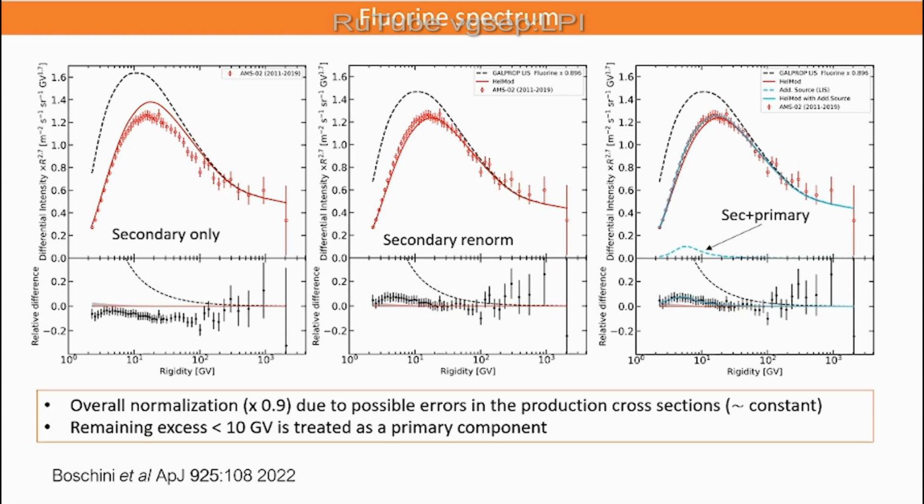And for what concerns fluorine, you see here the produced secondary spectrum on the left, the renormalized fluorine spectrum on AMS-02 data at the center, and secondary plus primary fluorine.